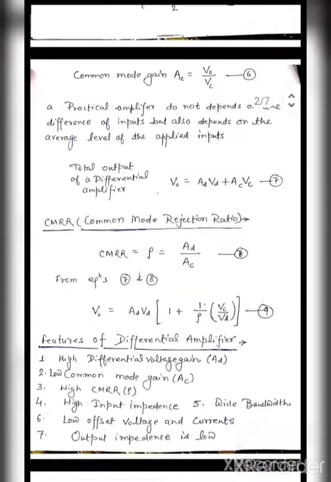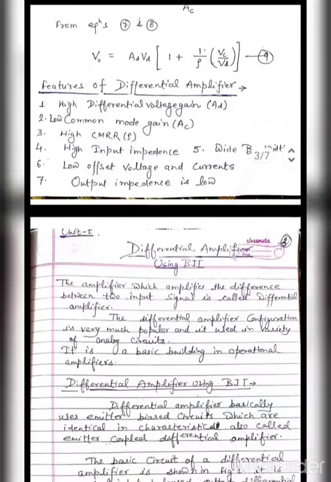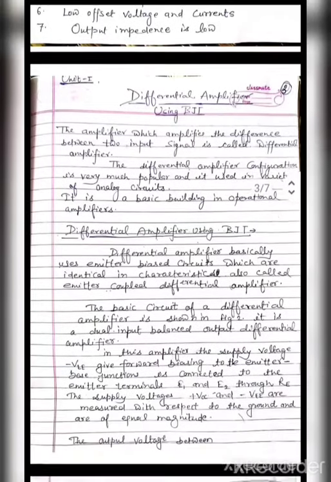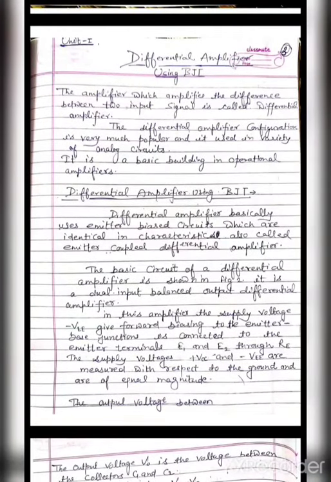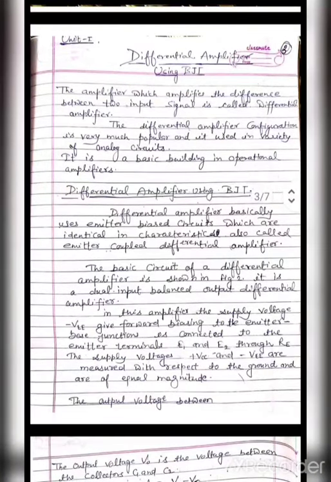and its parameters. Now we come to the differential amplifier using BJT, bipolar junction transistors. The amplifier which amplifies the difference between two input signals is called the differential amplifier.